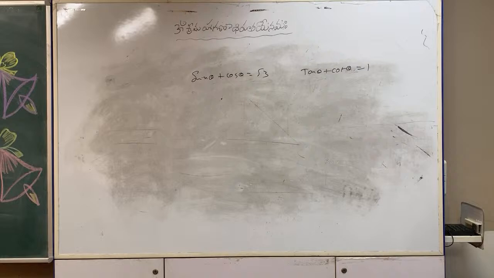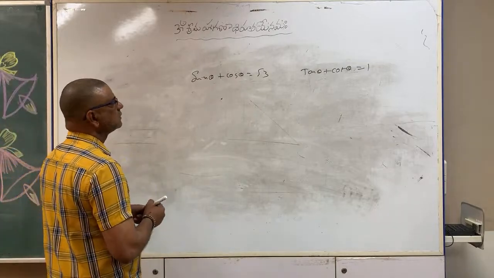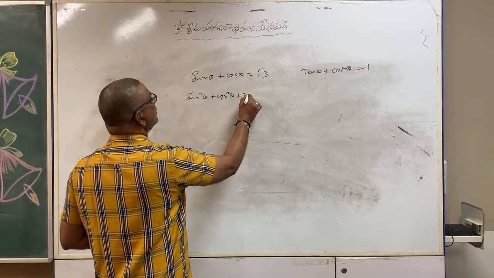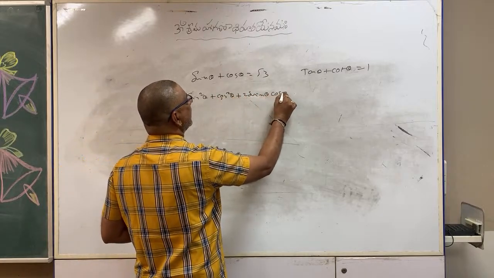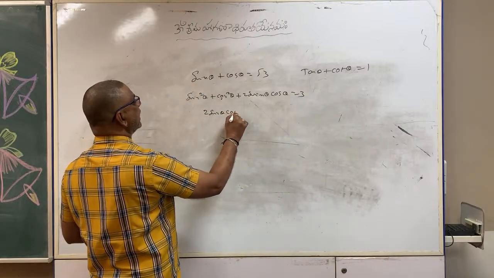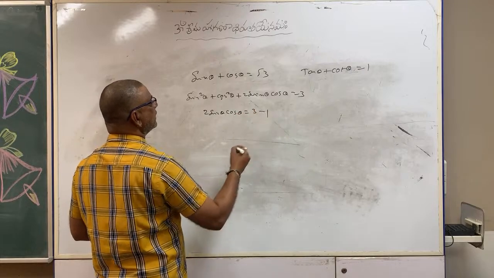Sin theta plus cos theta is root 3. Square it on both sides. Sin square theta plus cos square theta plus 2 sin theta cos theta is 3. 2 sin theta cos theta is equal to 3 minus 1.